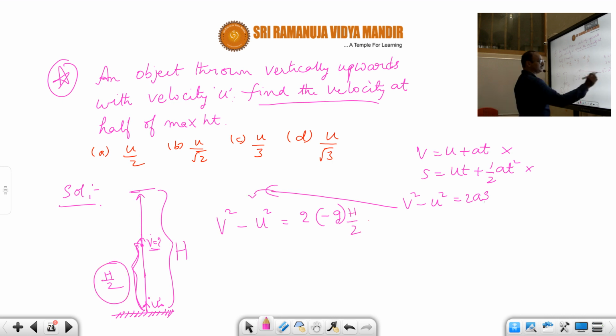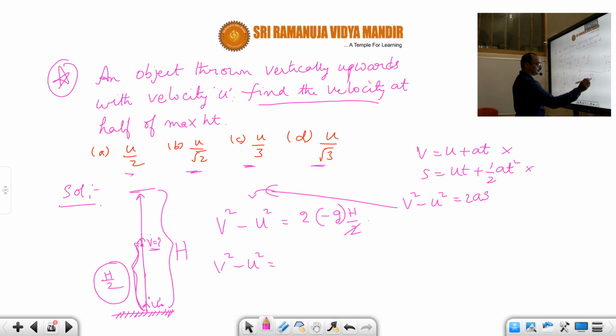Using v square minus u square in this equation, our aim is to get the v value. If you look at the options, all the options are written in terms of u. So v square minus u square equals 2 times minus g times H by 2, so the 2 gets cancelled. We already know the maximum height formula is u square by 2g. So u square divided by 2 into g, and the g value gets cancelled.